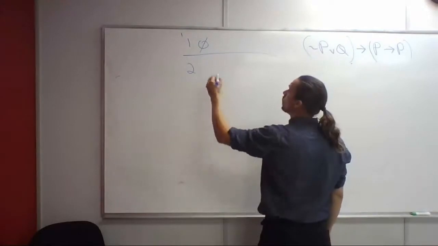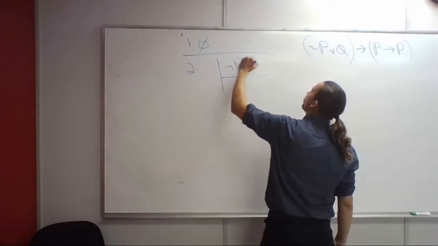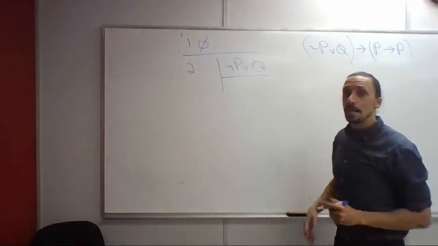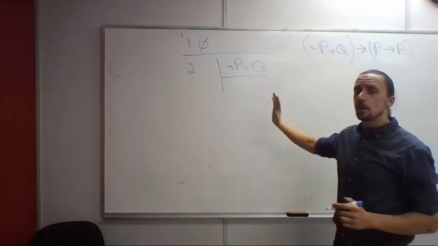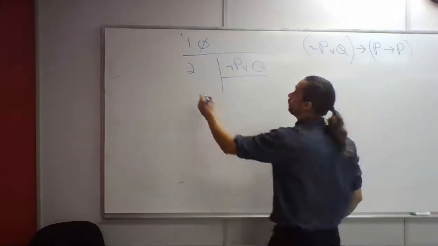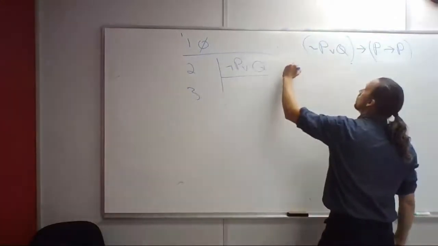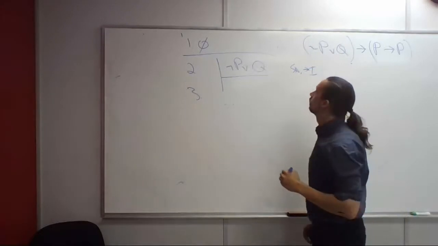So, if I'm going to go for conditional introduction, the first thing I'm going to want to do is just introduce my antecedent. So anything that follows from this antecedent I can discharge as a conditional. If this, then anything I derive. So this is my sub-assumption for conditional introduction. Good.